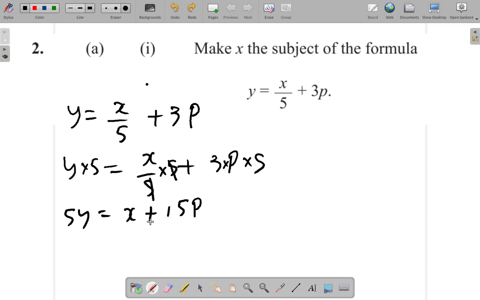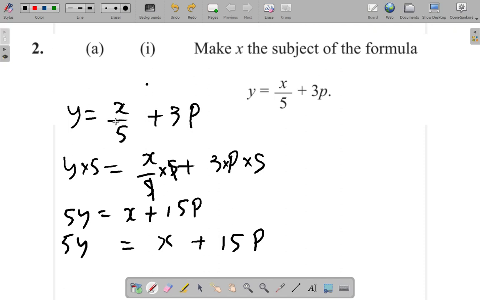Now, what you can do next is to subtract 15p from both sides, because you're going to end up with x equal. Remember, when you start out, you have x plus a lot of other things equal.